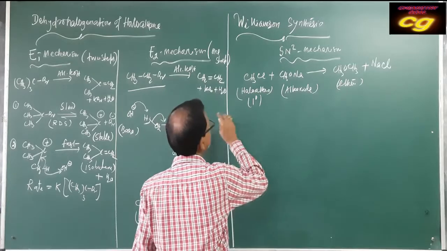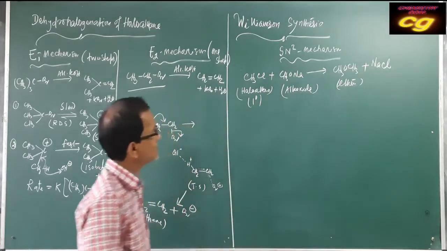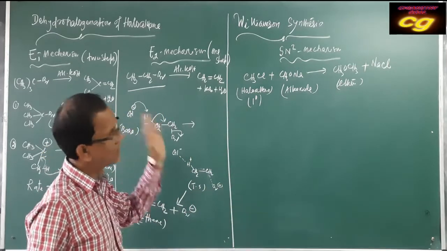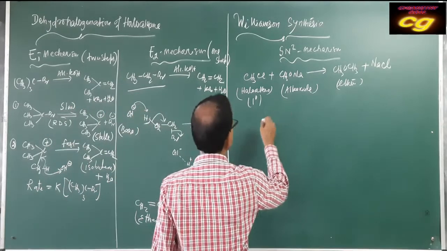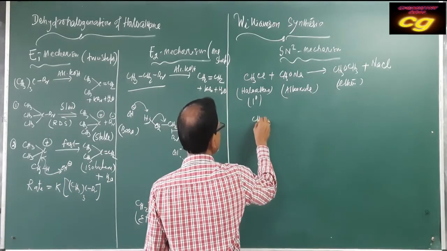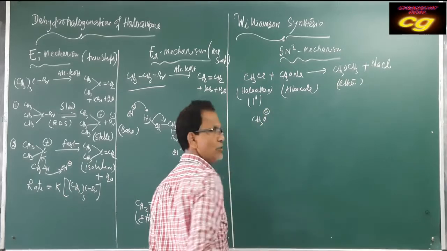Here, as it is SN2 mechanism, both the attacking of the nucleophile and the release of the leaving group are simultaneous. For example, CH3O minus acts as nucleophile.